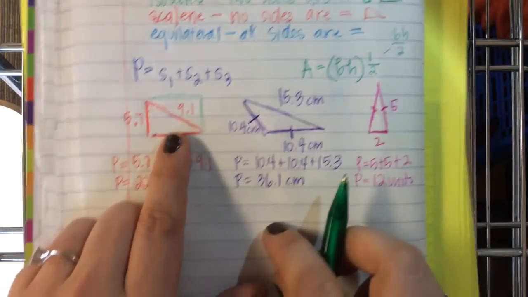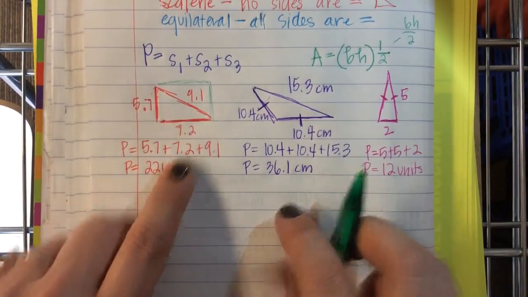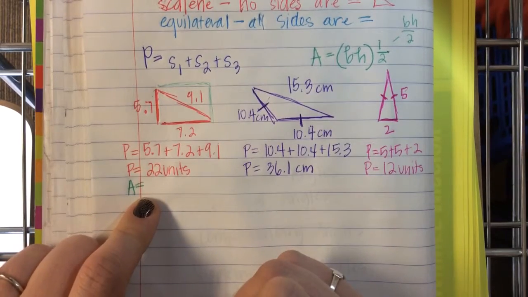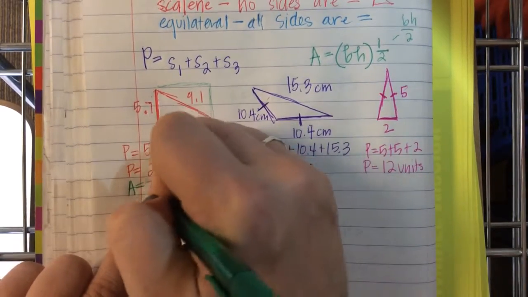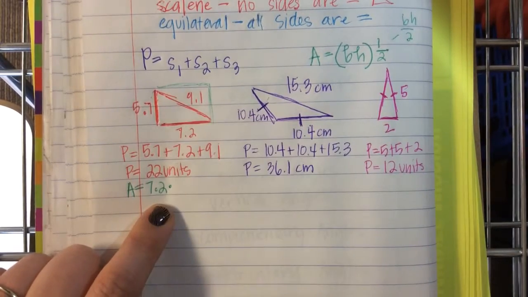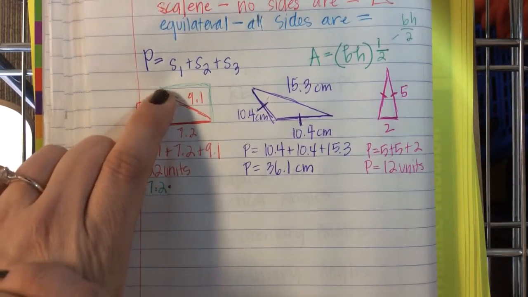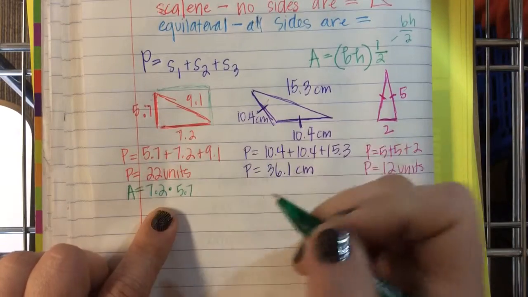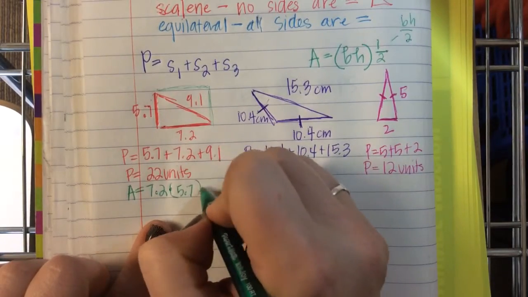So if I looked at this problem, is this easy to do? Yeah. What's the base, the bottom? 7.2. Times, what's the height? Because that's how tall it is, right? 5.7. I do that first.